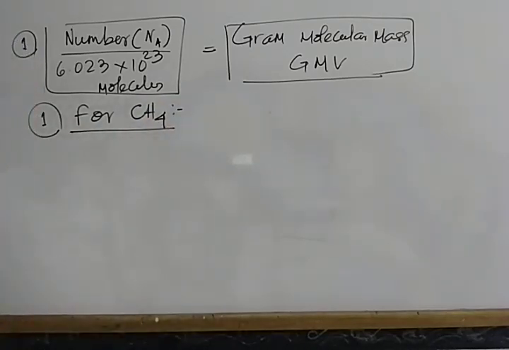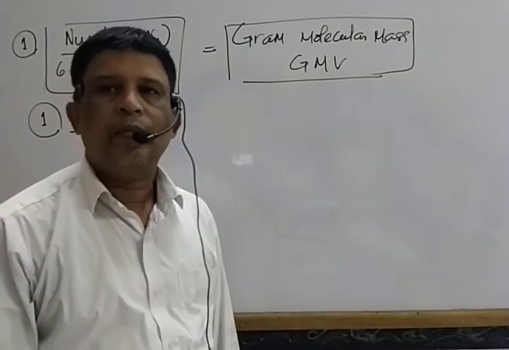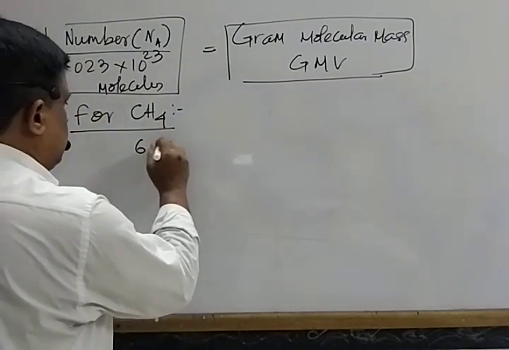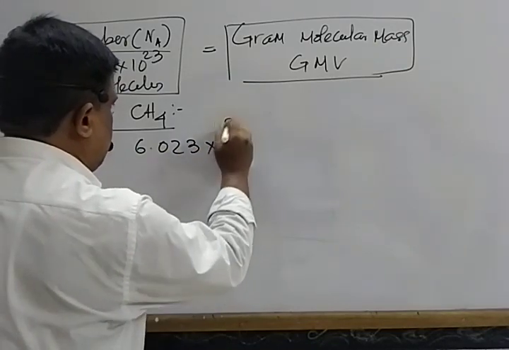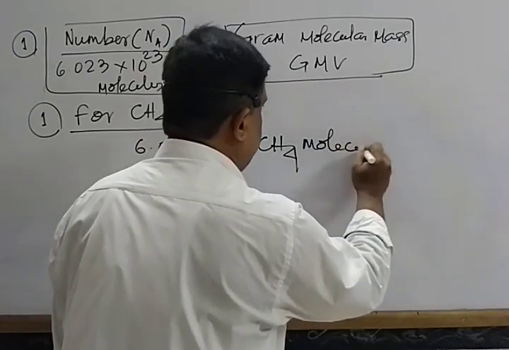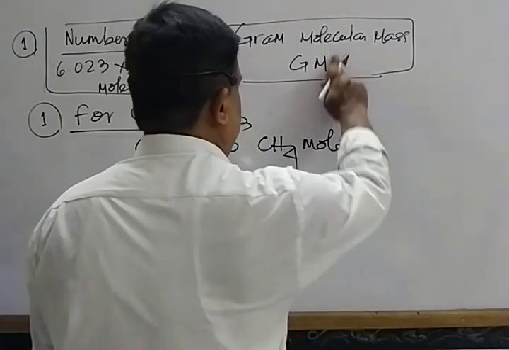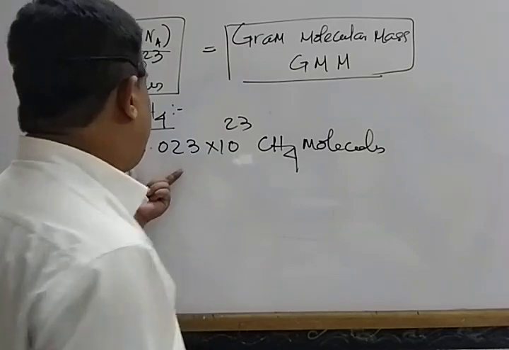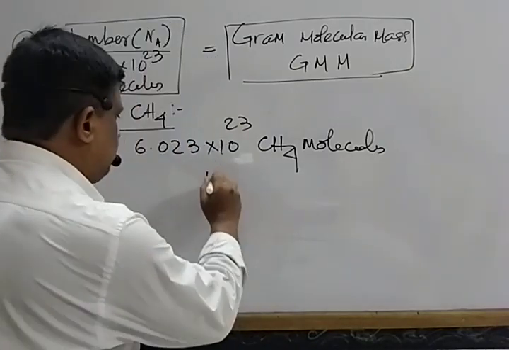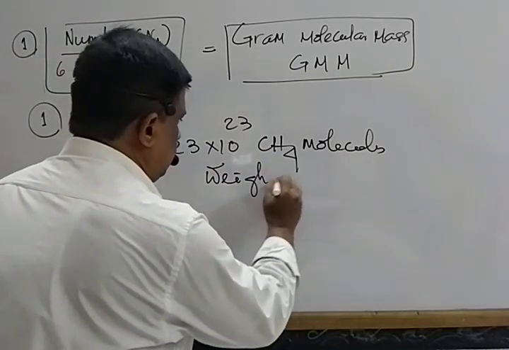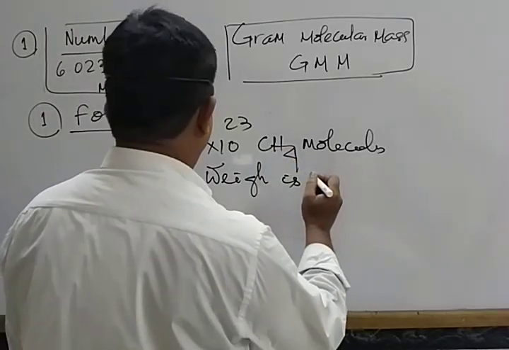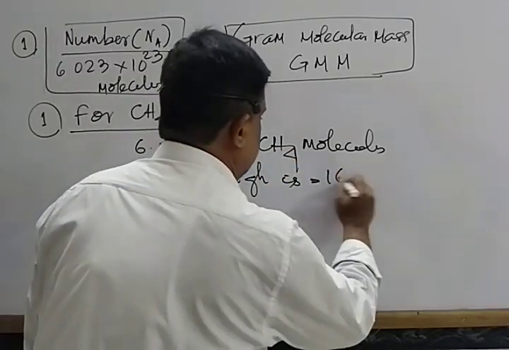So first example, that is point 1, for CH4. Mark that. We select one example, that is methane. That means 6.023 into 10 to the power 23 methane molecules have a gram molecular mass, GMM, equivalent to 16 gram.